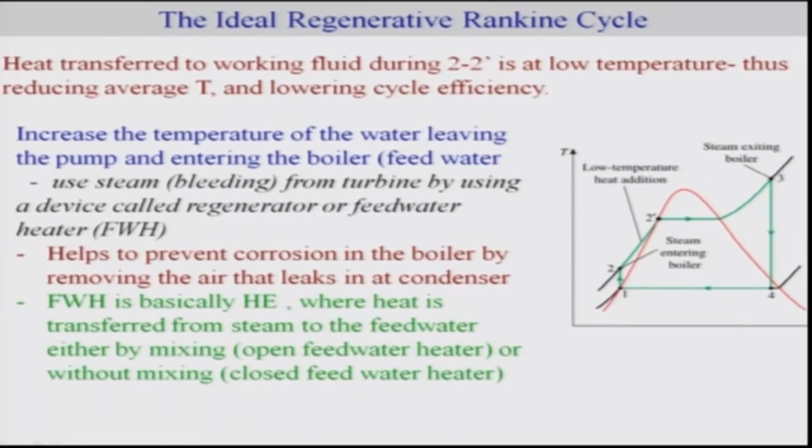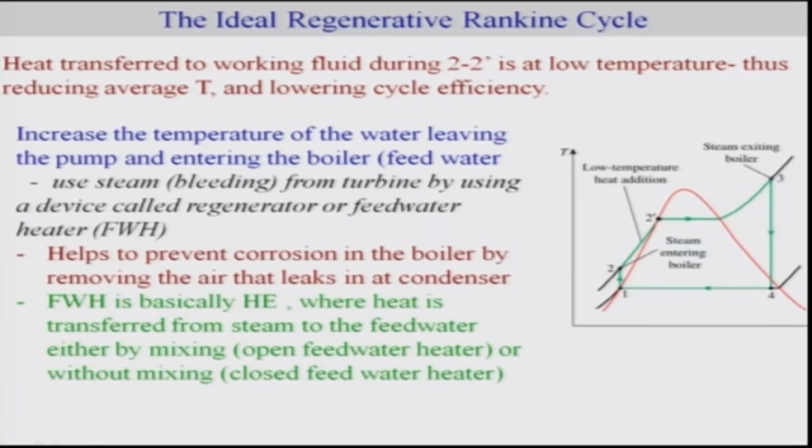Let's relook at how the Rankine cycle works. A saturated liquid enters the pump at 1. The pump increases the pressure of the saturated liquid such that it reaches the boiler pressure, where the boiler provides the heat and it goes up to the superheated condition.